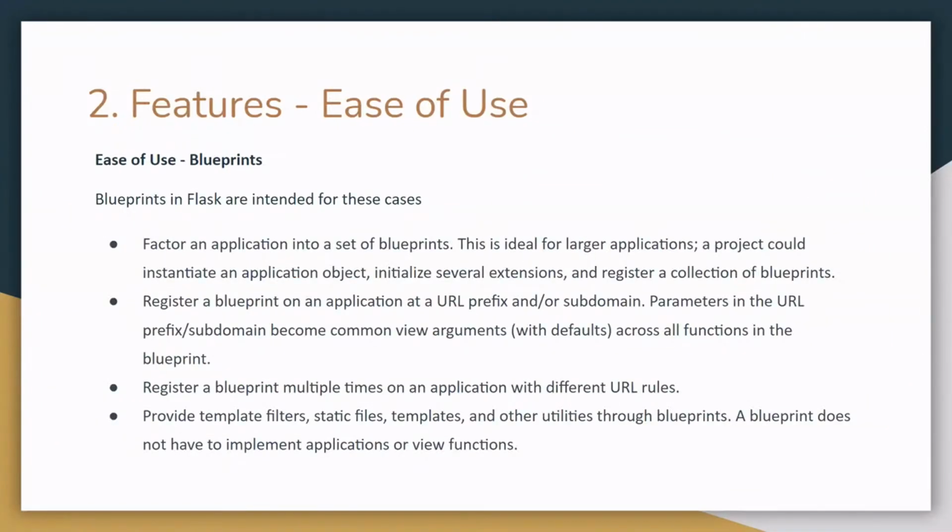Here are some cases where the Flask documentation recommends to use blueprints. As you may have noticed, most things can be achieved using blueprints without having to juggle multiple application objects. And this makes Flask very easy to use even in production with a large number of endpoints to serve.